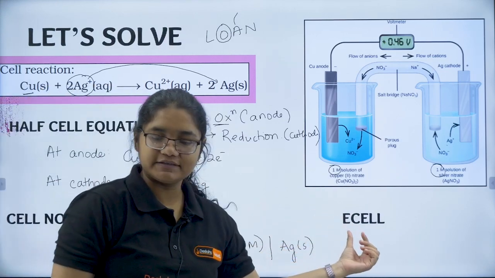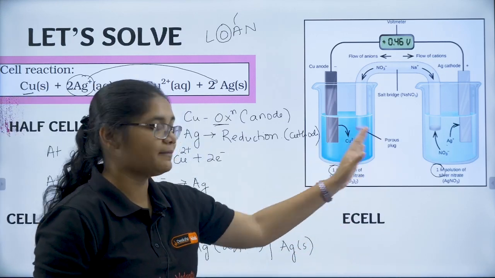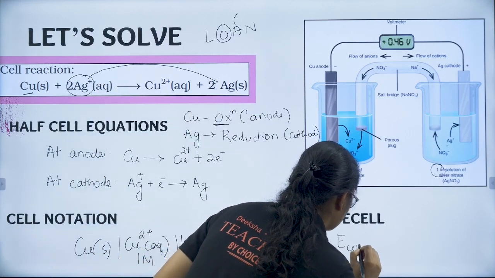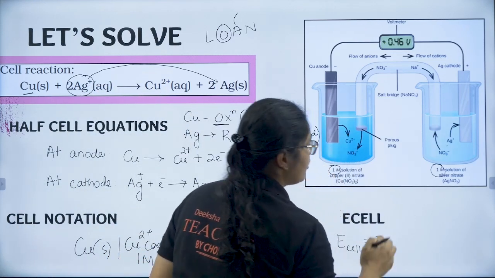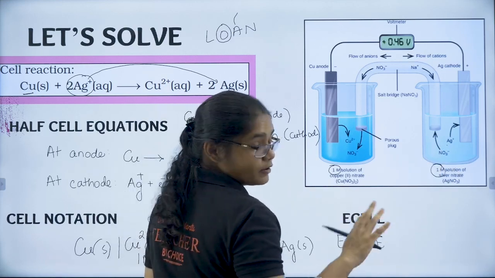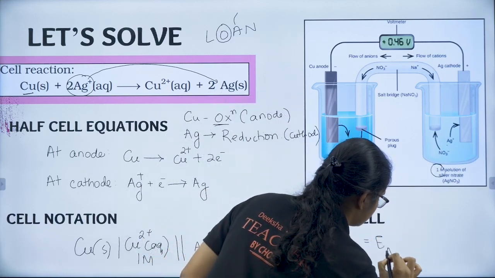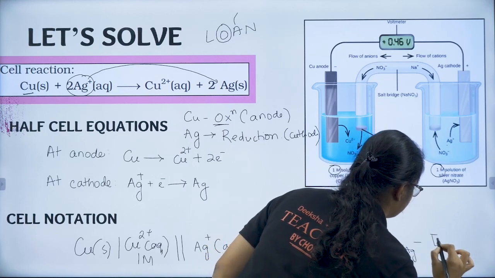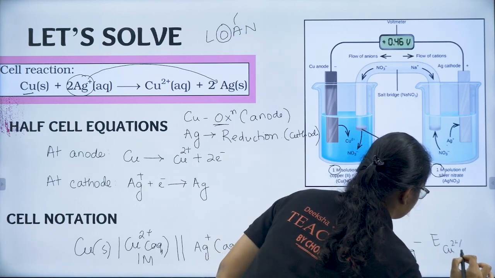Then what is E of the cell? E of the cell is what? Right minus left, right? So I can write E of the cell will be equal to E on the right, silver, or reduction potential of silver, minus the reduction potential of copper.